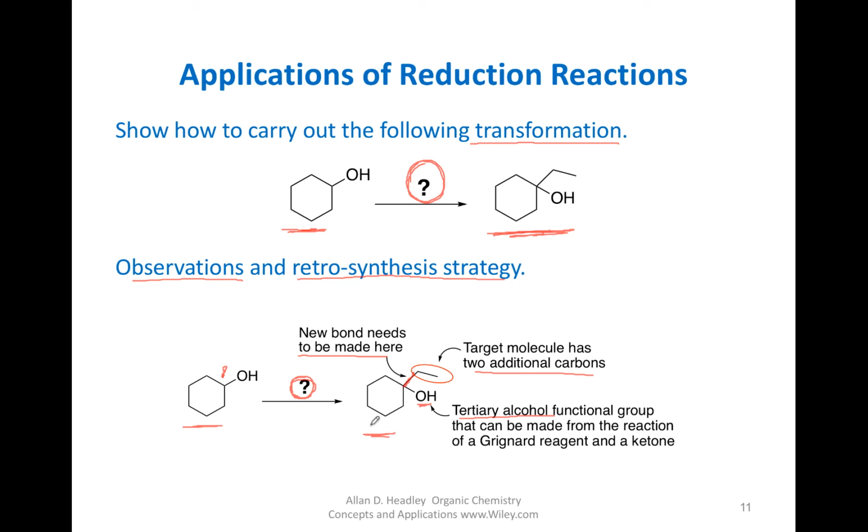So, a quick summary. You need two carbons as a reactant. You need to make this bond. This is a tertiary alcohol, and you can make tertiary alcohols by the reduction of carbonyls, specifically ketones, using a Grignard reagent.